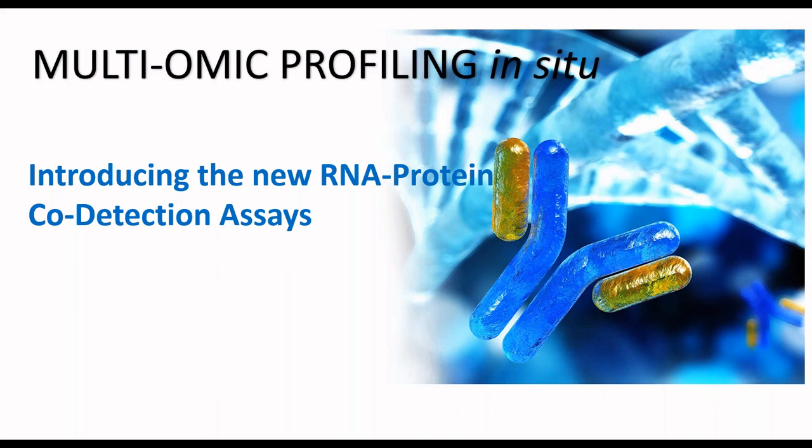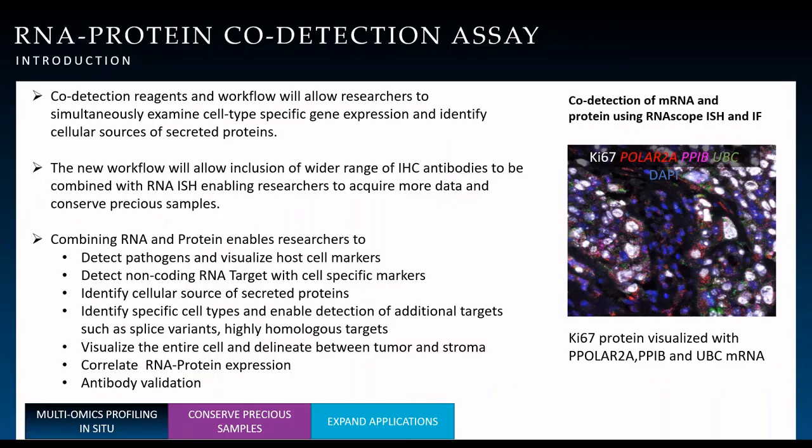And that is because certain targets are extremely sensitive to the protease treatment in our ISH workflow. And as a result, we have come up with a set of reagents that have optimized the ISH-IHC and ISH-IF technique and will allow you to include a larger subset of antibodies to be used in combination with RNAscope ISH.